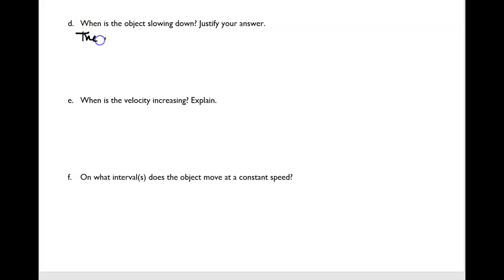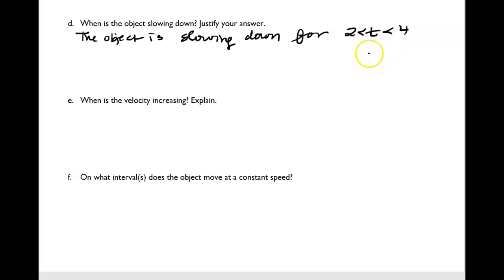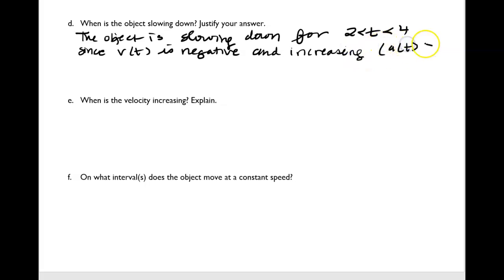That would be for t between 2 and 4, because I was negative and increasing. And I'm just going to say there a of t is greater than 0.